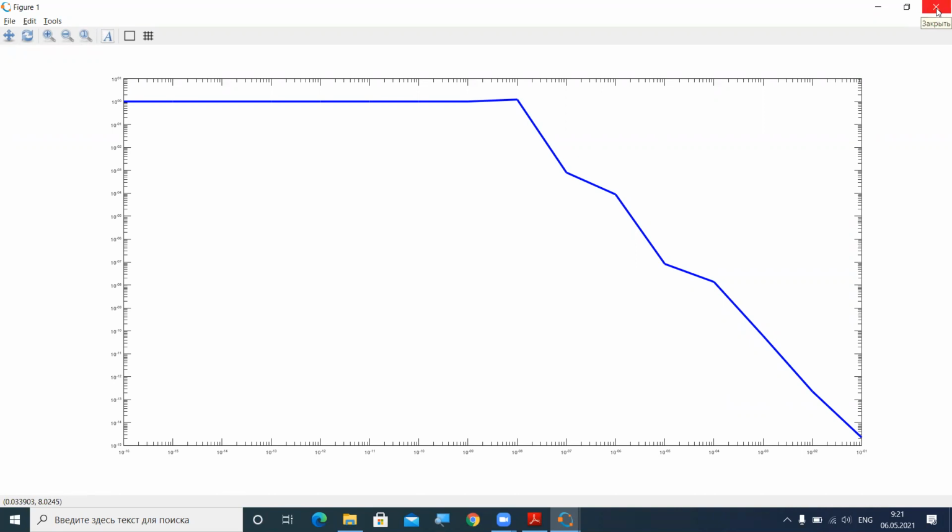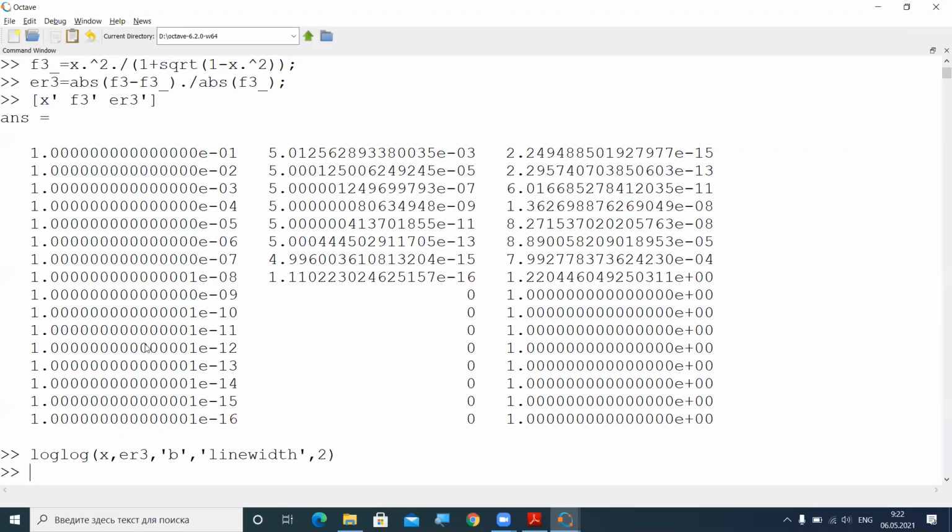Can we say that we use log when we have very small numbers? Yes. When we have numbers with base 10, this is a very useful command. When you use plot, for example, you cannot get such a graph because these are very small numbers.